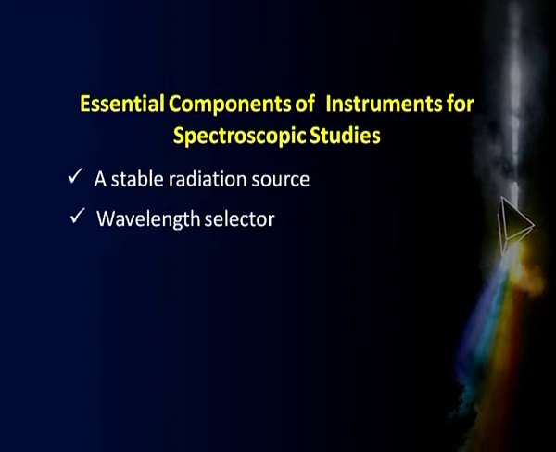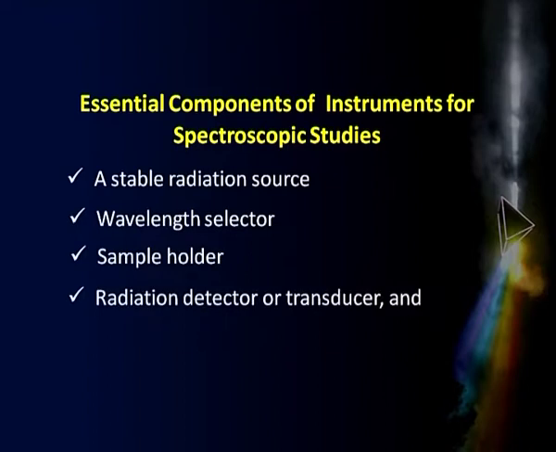Thereafter, since I am going to use different regions of the spectrum, I should have some means of selecting the appropriate wavelength out of the whole source. Thereafter, I should have something to hold the sample which I want to study. That means, I have to hold matter, an atom or a molecule or other things like that. I have to have some kind of device to hold my sample.